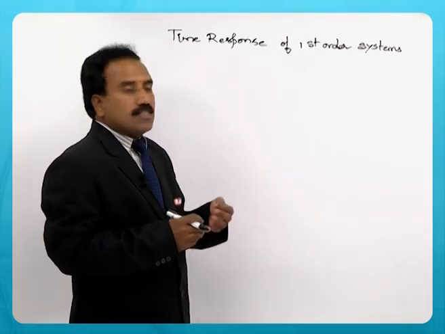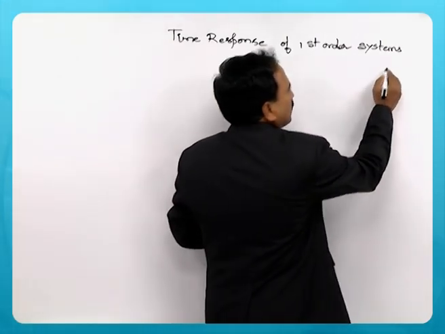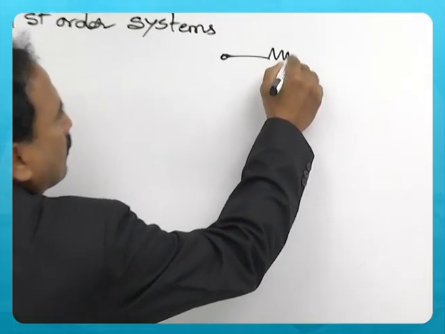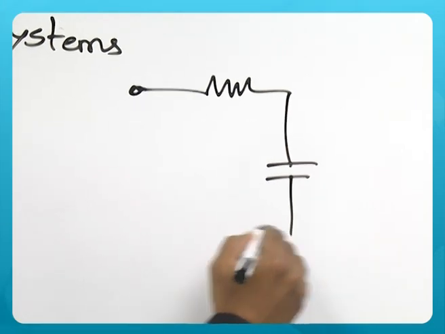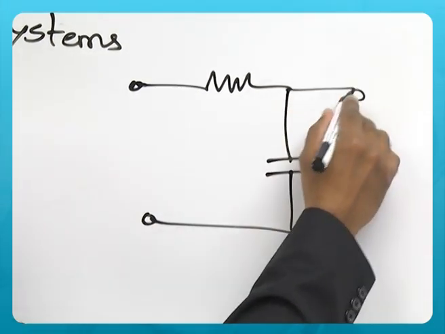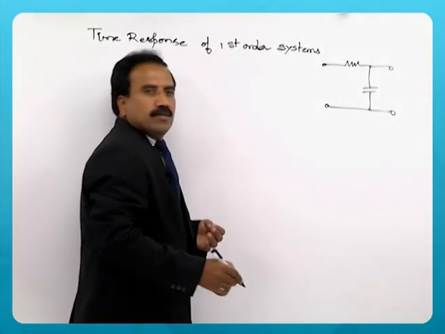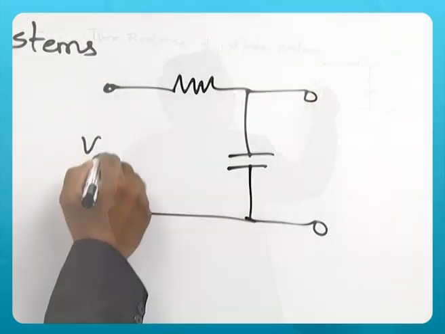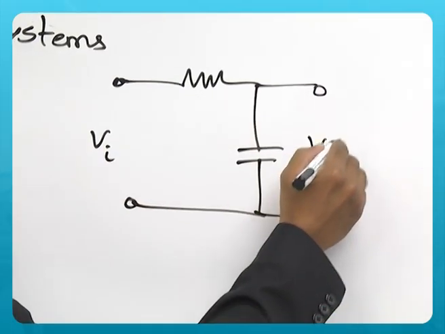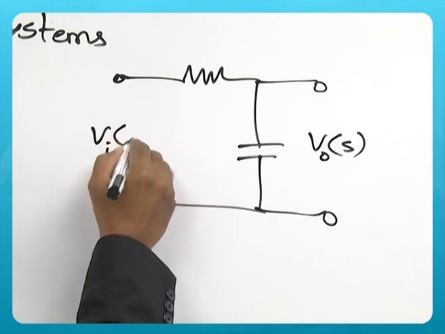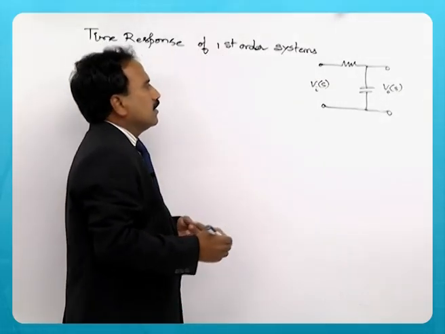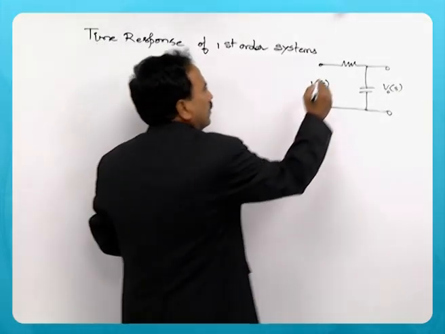So, let us consider again the simple RC circuit. It was discussed many times in the previous classes, and voltage across the capacitor is considered as V0 and input voltage is Vi.